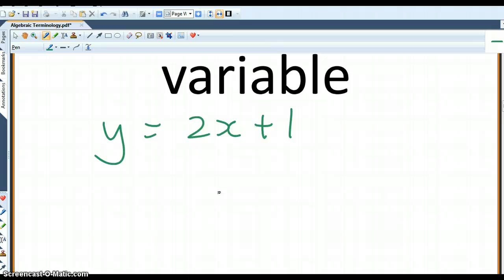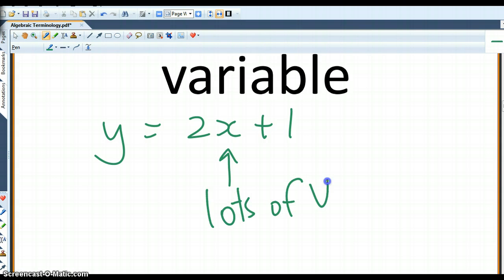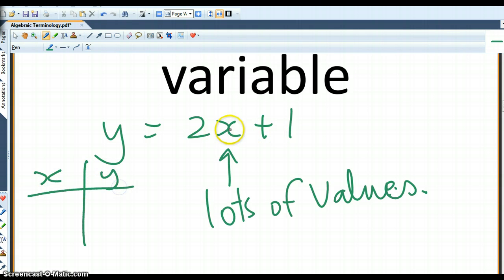So that's the idea of variable, that this letter can take on lots of values. Okay? So whatever value this is, for example, if x is 0, what would y be? 2 times 0 is 0, plus 1 is 1.